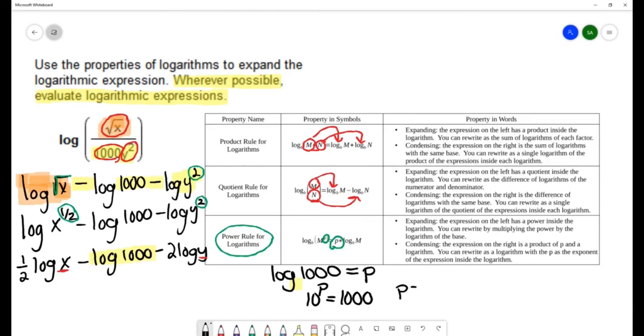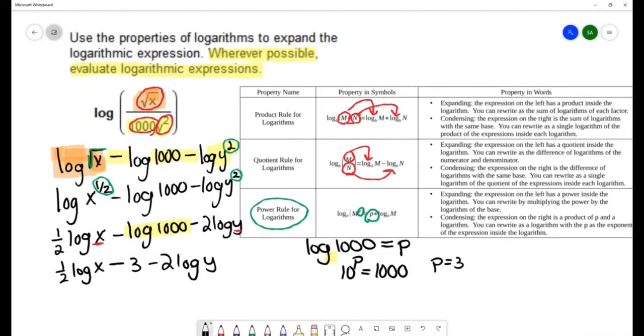We know that power to be 3. 10 to the third power is 1,000. So I'm going to be able to evaluate that logarithm and say that it equals 3. And that changes this expression to be 1/2 log x minus 3 minus 2 log of y.